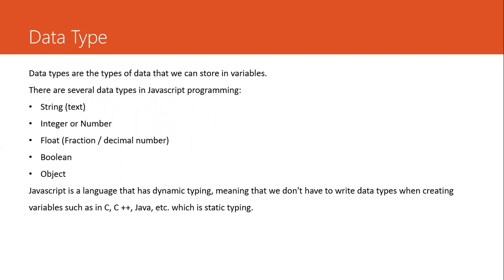There are strings, integer or number, float for numbers that have decimals, and boolean that contains a true or false value, and also it can be an object. If we have an object, in one object we can have many variables. So an object consists of several variables, and it can also be a data type.